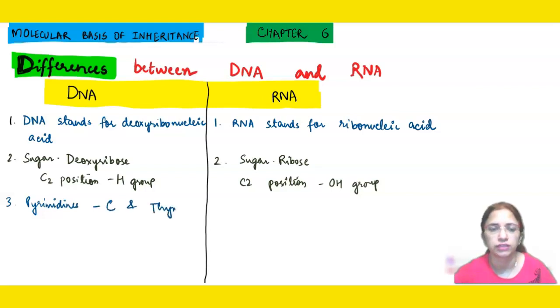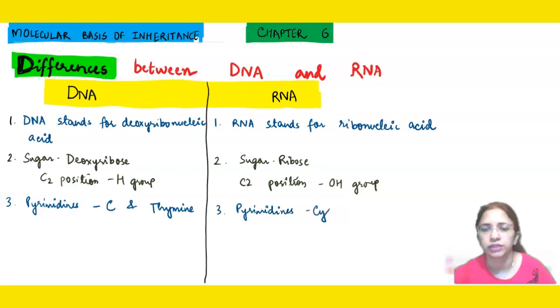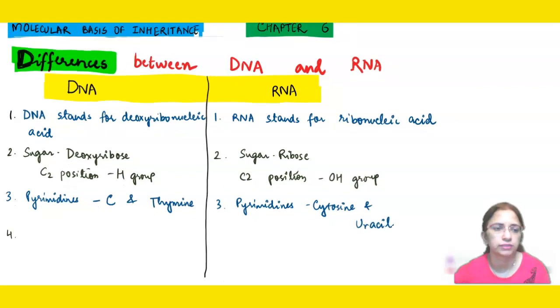You can write in full, don't write in short in the examination. But if you are talking about pyrimidines in the case of RNA, it is always cytosine and there is no thymine. It is uracil in place of it. Okay, let's come on to the next difference.